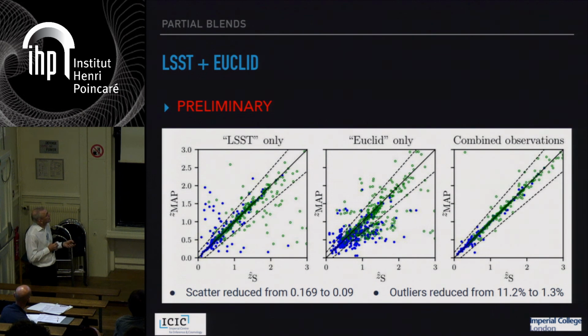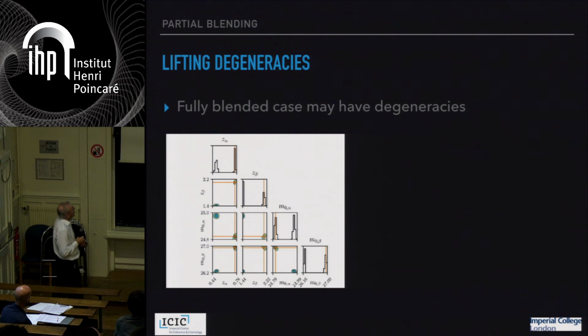The number of outliers goes down from 10% to 1%. So for a limited subset of sources, which in absolute terms is going to be a very large number, the combination of these two is going to be very powerful. And it cleans up the degeneracies as well quite nicely.